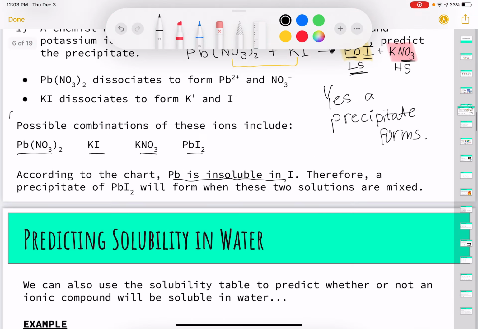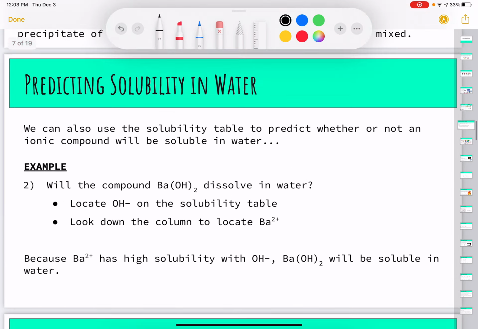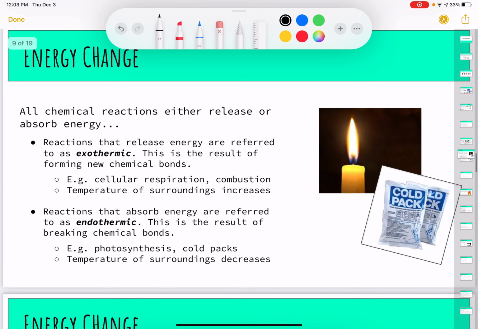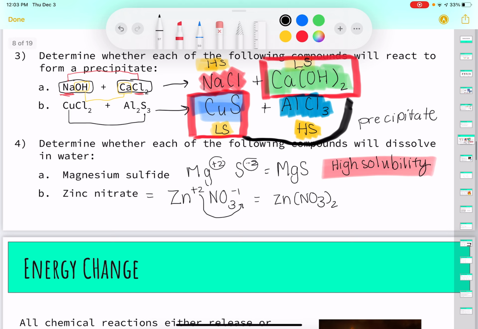We did that one before, which means that this one is going to be high solubility. Okay, and it means it dissolves in water. Okay, so if you put both of those things into water, they're going to dissolve.